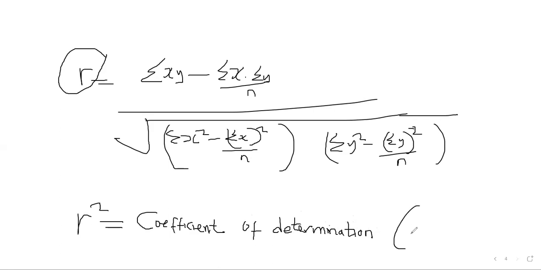So this one measures what? Variability, not the relationship. So this one, please, measures variability in the data set.